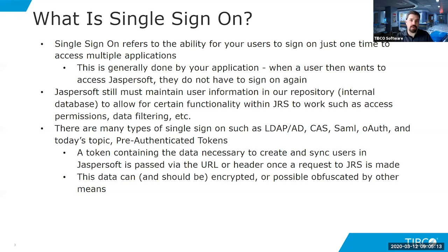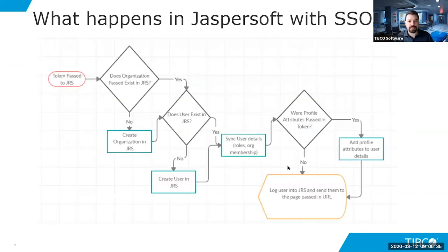In the examples I'm going to show you today, I will be using unencrypted data, but I'll try to give you a little sample of how it would work if you send that data encrypted. Or, you could possibly obfuscate the data by other means, and we'll dig into that a little bit later on as well. So there are other ways to get really secure, depending on how secure you want to get.